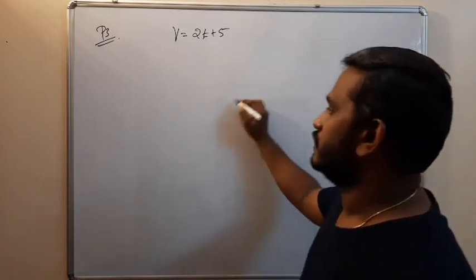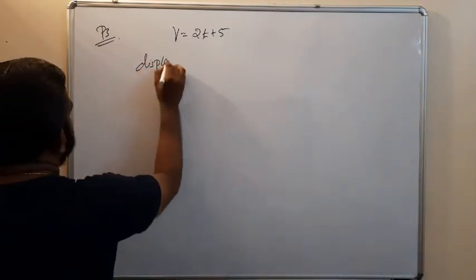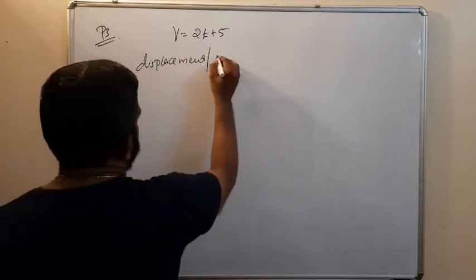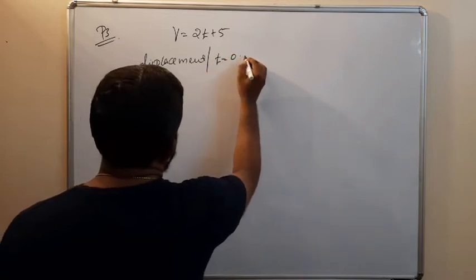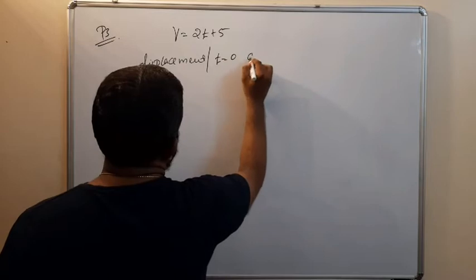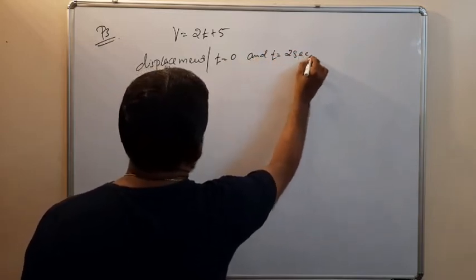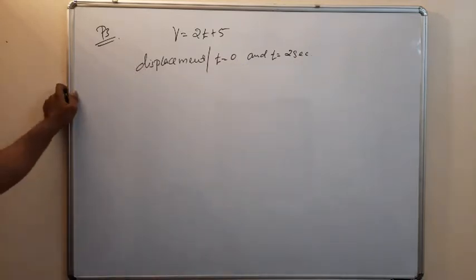Find the displacement in the interval t is equal to 0 and t is equal to 2 seconds.